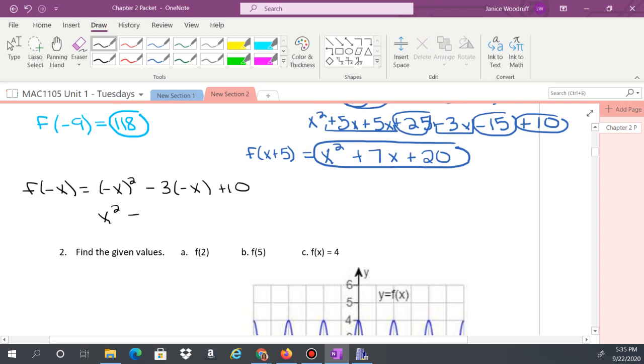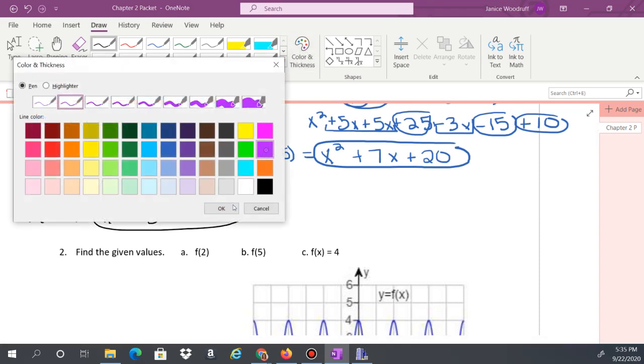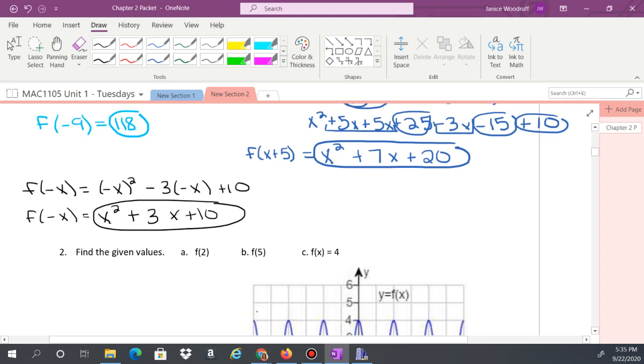This will become a plus 3x plus 10. So f of -x, again, is another expression, and that's going to be x squared plus 3x plus 10. Does anybody have any questions on those?